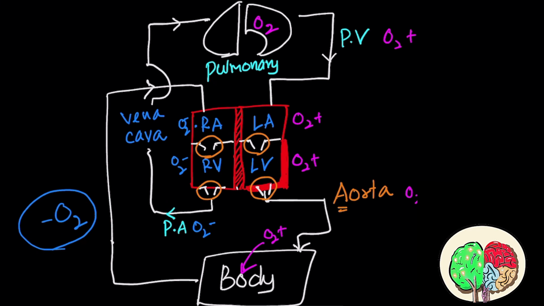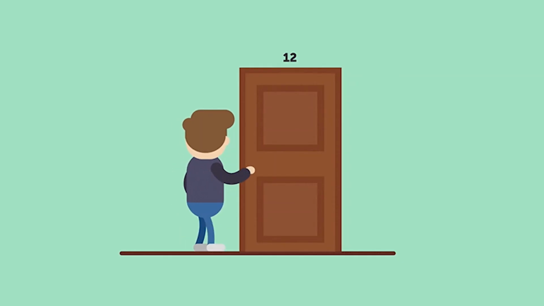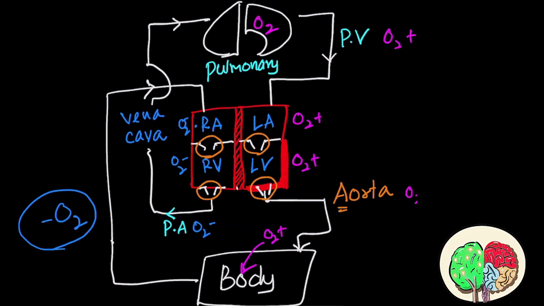So what we want to do is install a door system. This is like a door. Between the right atrium and the right ventricle, there's a doorway. When the right atrium contracts, the blood will be pushed this way. But if the right ventricle contracts, the blood will not be pushed backwards, because it's like a door.